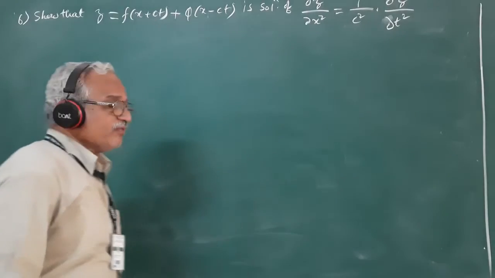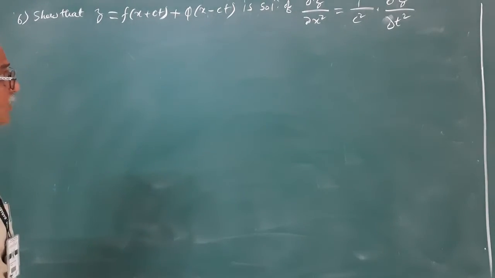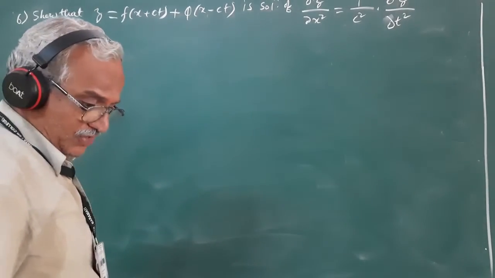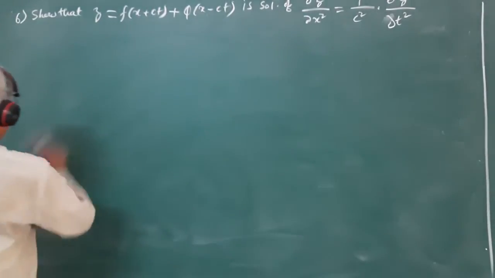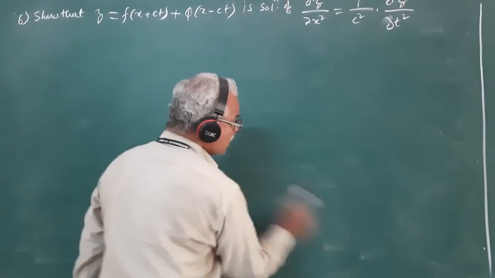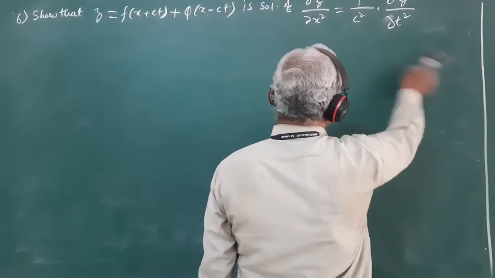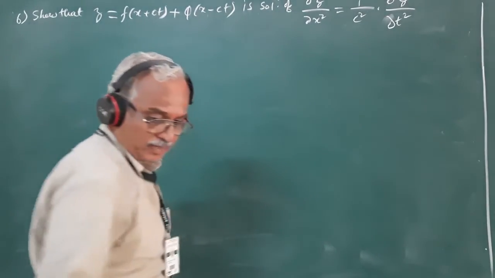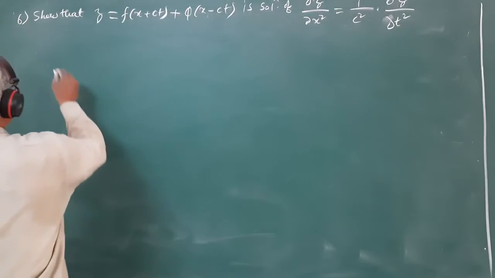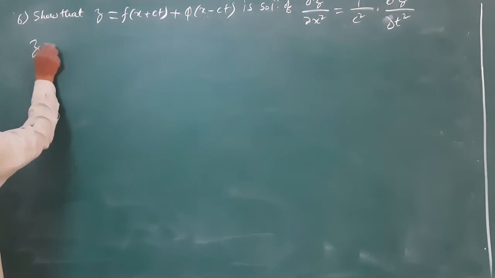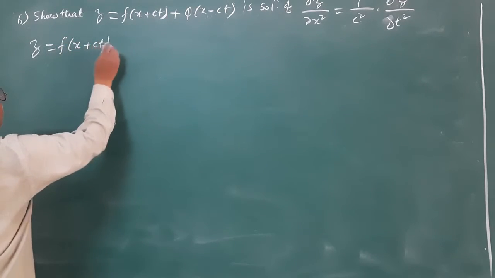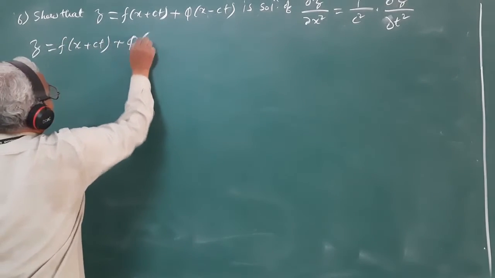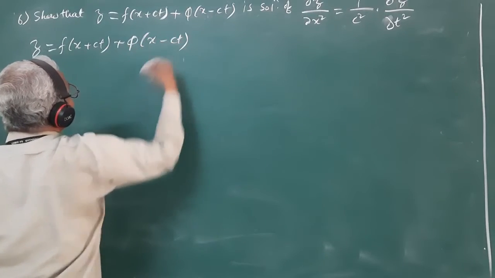So whenever we want to prove that the given function is the solution of a certain differential equation, what we need to do is we have to start with the given solution. So here we are given that z is equal to f of x plus ct plus phi of x minus ct.